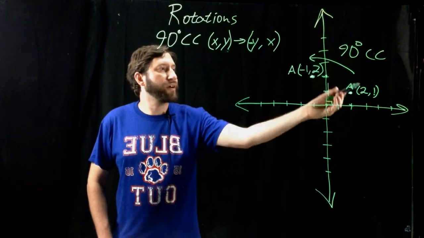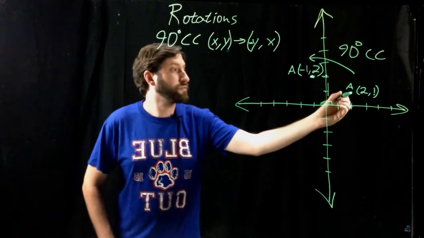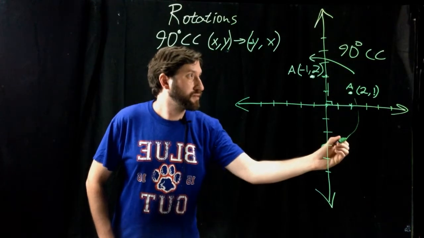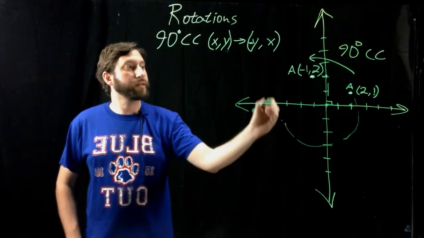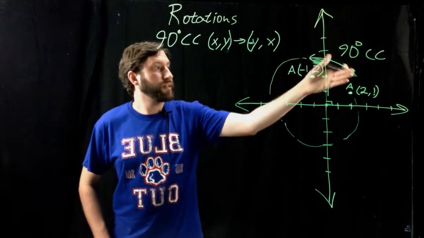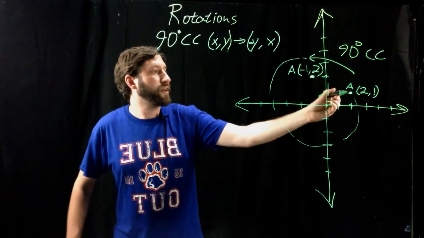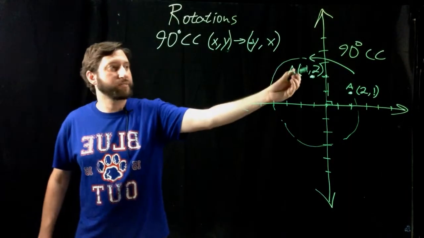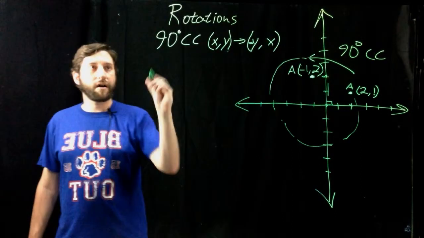I can get to this point by going 90 degrees counterclockwise, but notice I can also rotate 90 clockwise, 180 clockwise, and then finally 270 clockwise. Each time I move to a different quadrant, I go 90 degrees. So if I go about this point the opposite direction, that's actually 270 degrees clockwise.